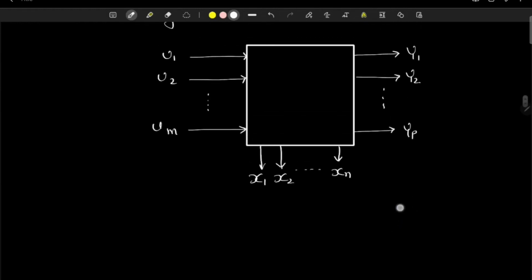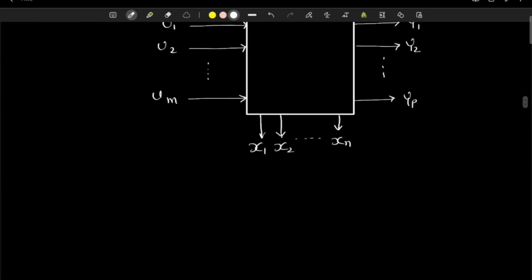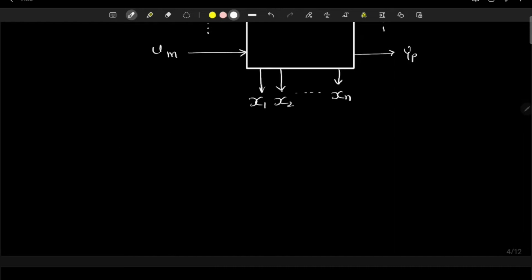Now, how to represent this? So x dash, n into 1, is equal to A. I'll tell you what this A and x dash are. So A will be n into n, and this is x, n into 1.